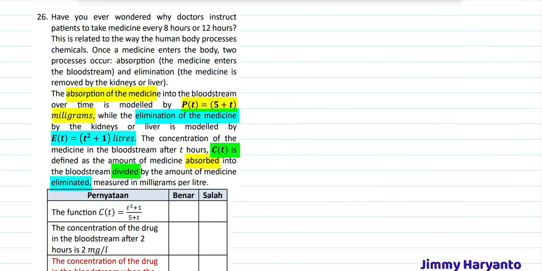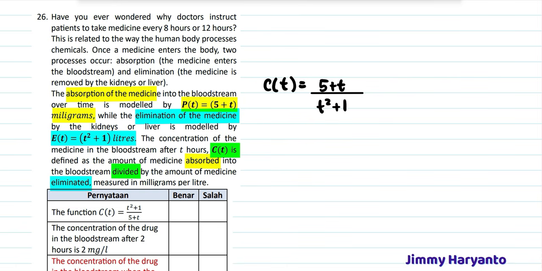So I can tell that C(t) is the division of the yellow, which is 5 plus t, divided by the blue. The blue is t squared plus 1. So C(t) is like this, but this one is not correct.